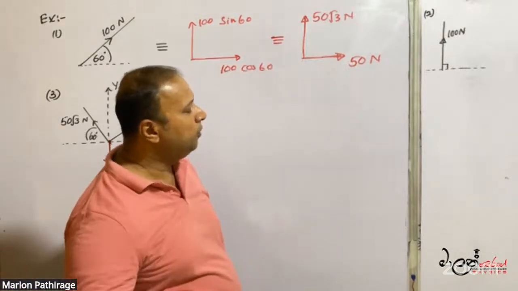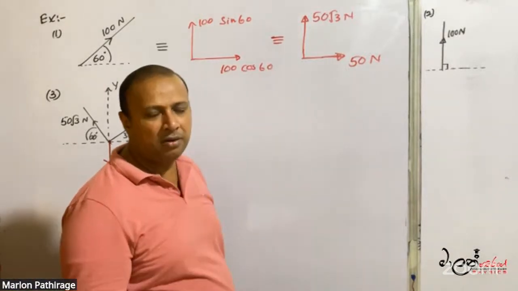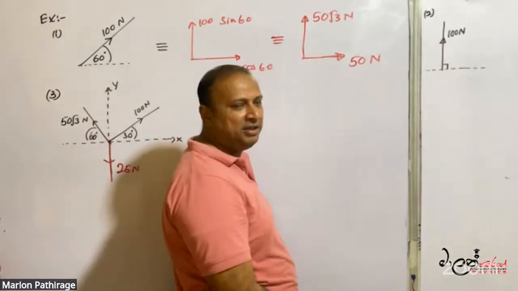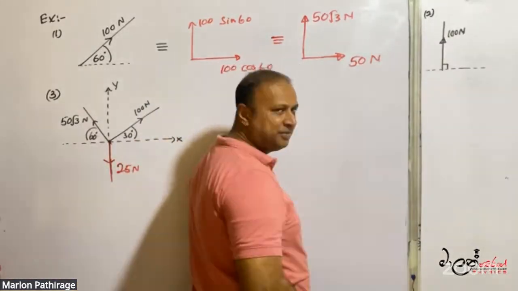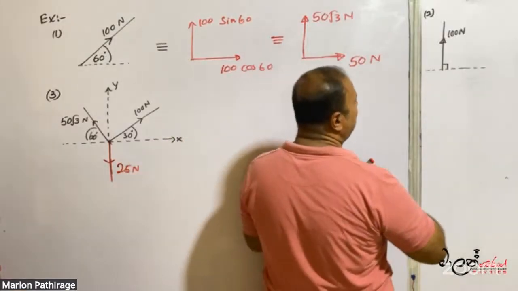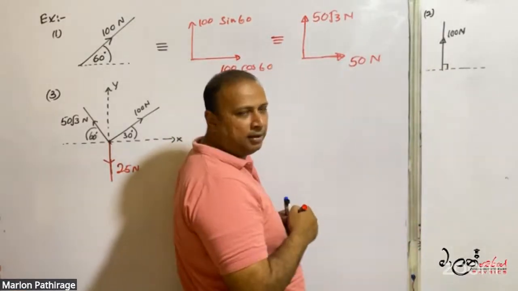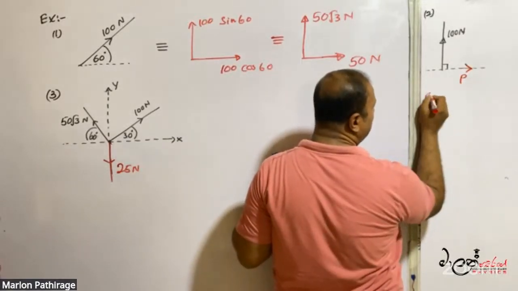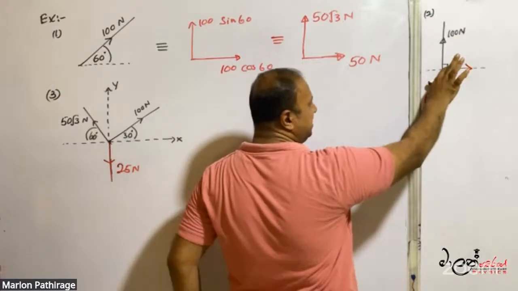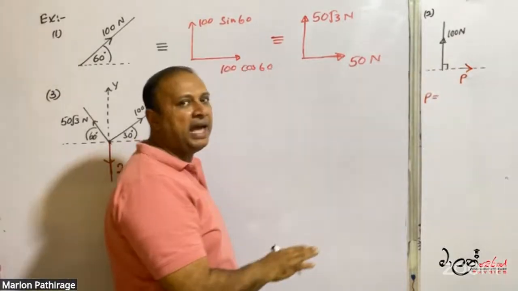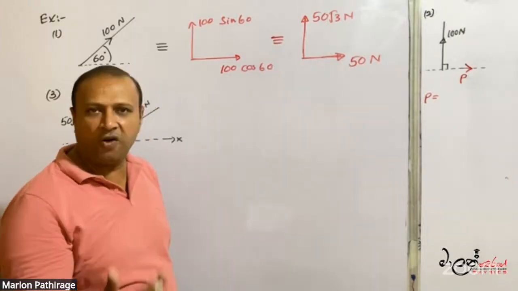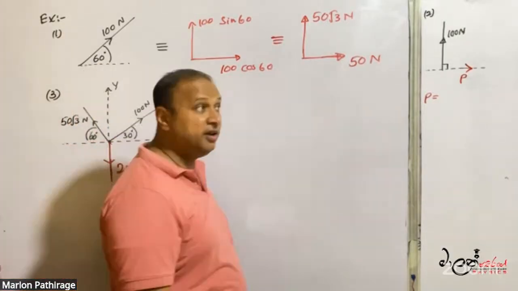So if you take a resolved component at 90 degrees, the angle is 90 degrees. Therefore, the component should be 100 cos 90.